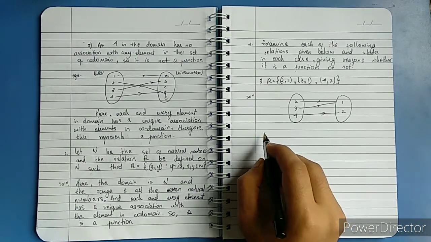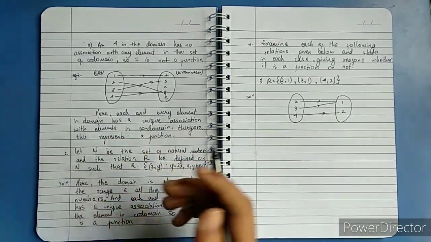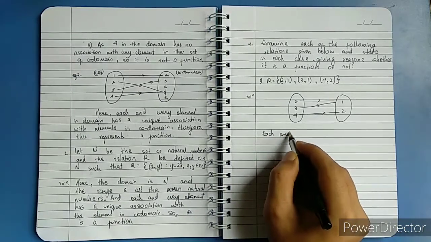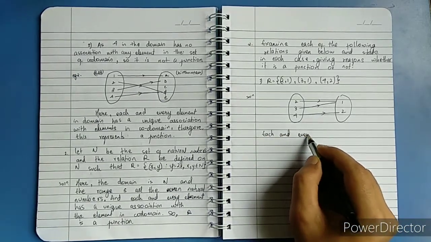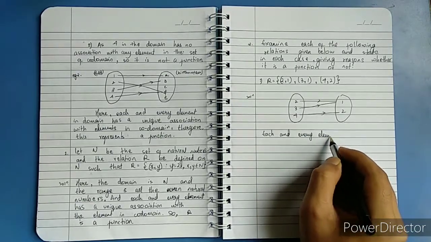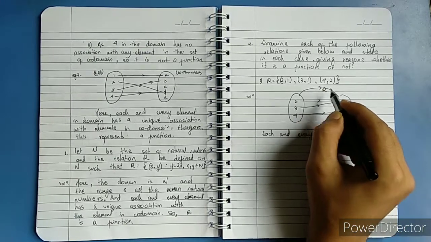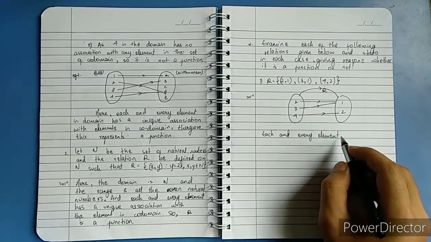So you'll write this language exactly. This is our relation R, therefore relation R is a function.